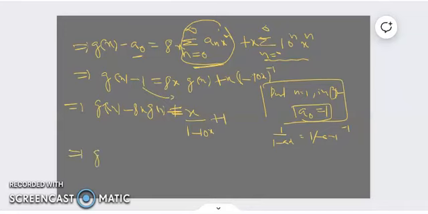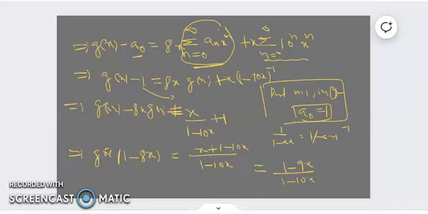Now g of x value: 1 minus 8x is equals to, here LCM is 1 minus 10x, so x plus 1 minus 10x, so this is 1 minus 9x by 1 minus 10x.